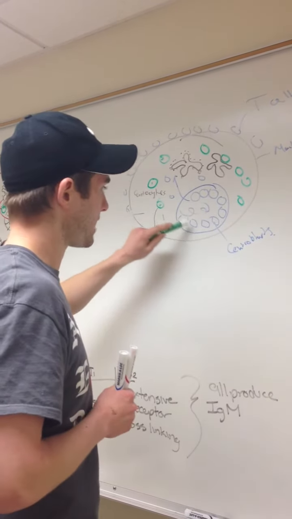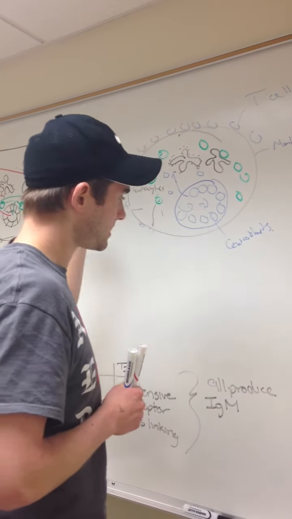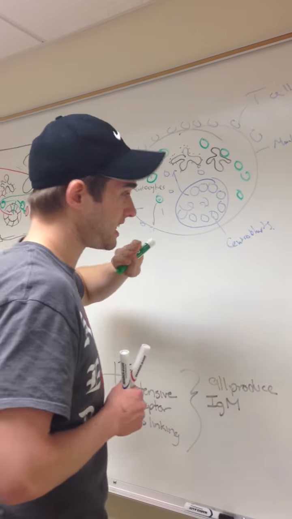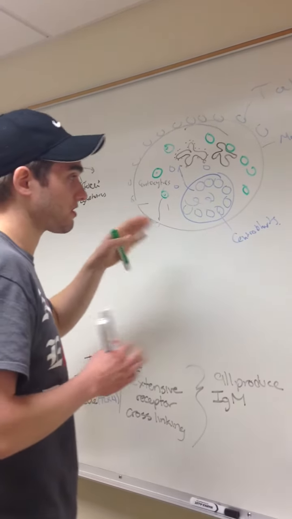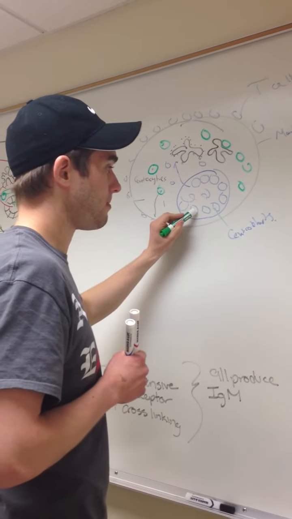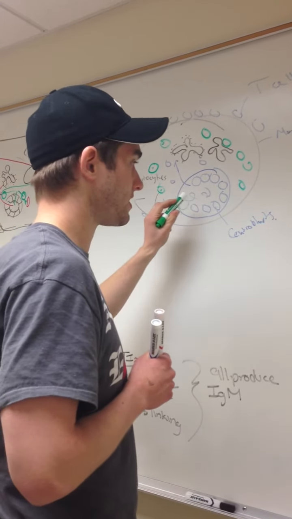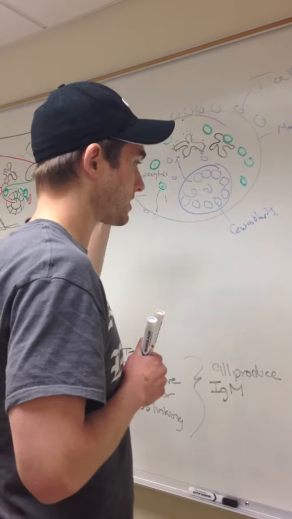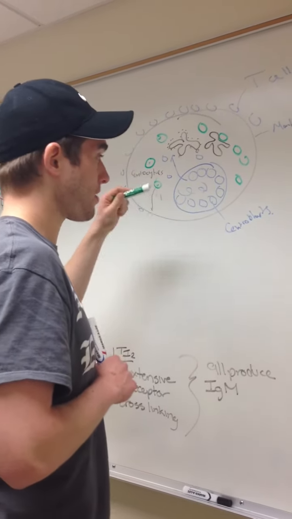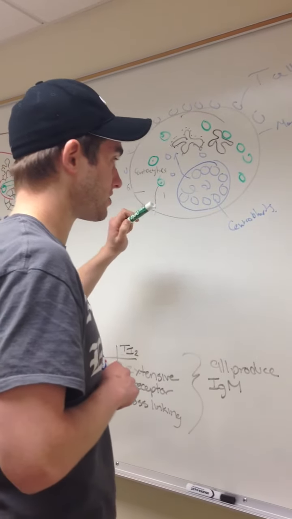So here we have centroblasts. They've already come in contact with the T cell, and at this point they do not express any surface immunoglobulin, and the T cell interaction causes them to undergo somatic hypermutation by AID, which was activated by the T cell interaction.